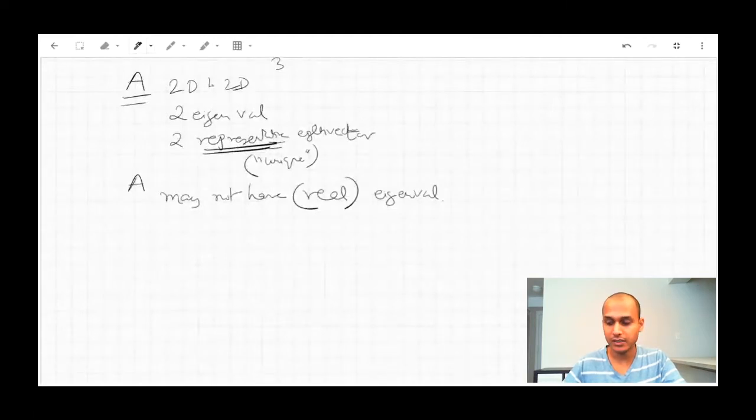There may not be any such vector, right? That's possible. And it's also possible that they may have too many eigenvectors.